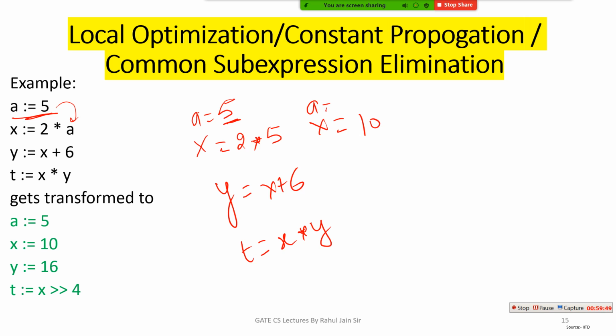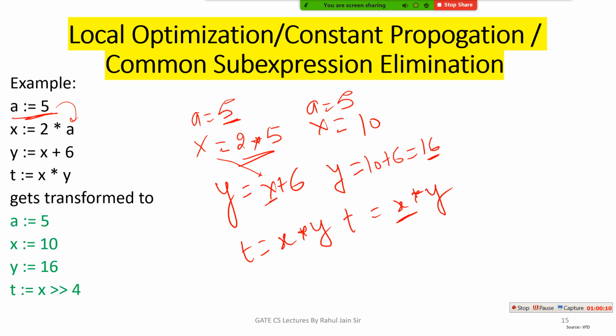In the next step, a equals to 5 is there, and we are getting x equals 10 from here. So in the next step y equals, we can put the value of x from here. I will just write 10 plus 6 and I will get 16 here. And now I have t equals to x into y. Now I need to multiply my x with 16.